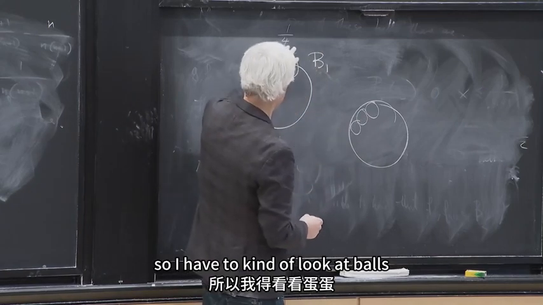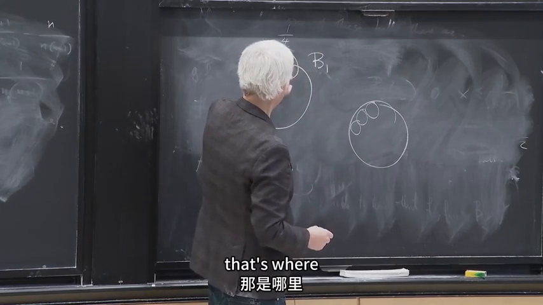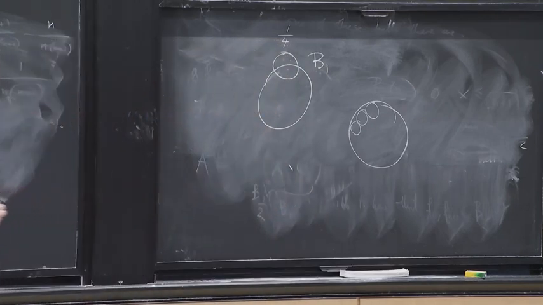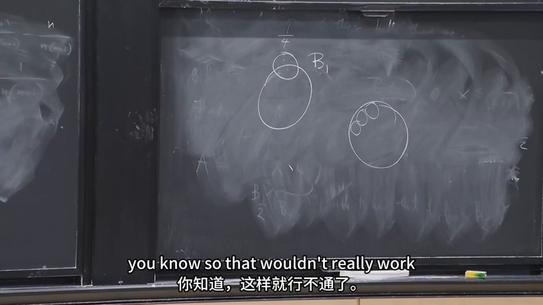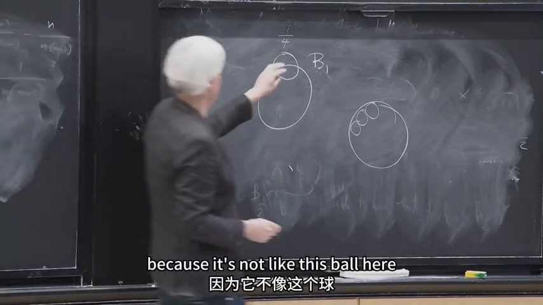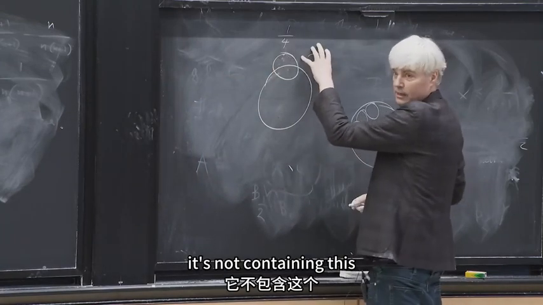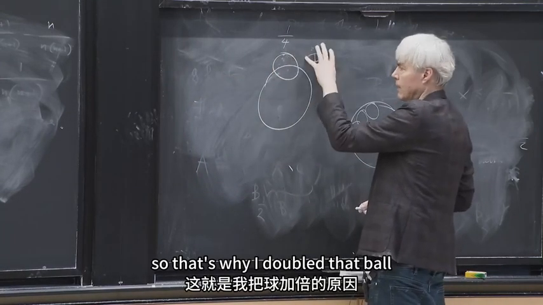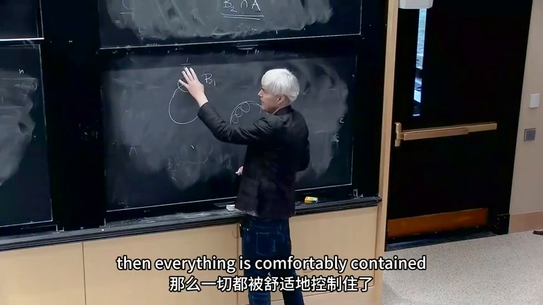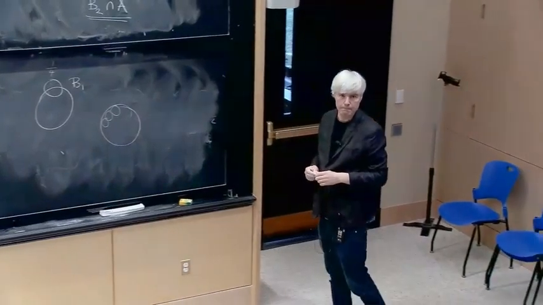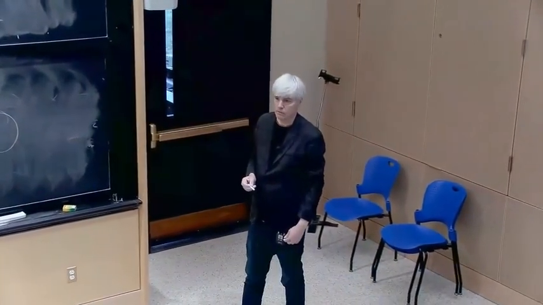So I have to look at balls where some are kind of outside the set. But that wouldn't really work, because this ball here, let alone the double of this ball, is not contained in this. So that's why I doubled that ball. Then everything is comfortably contained in each other. Any other questions?